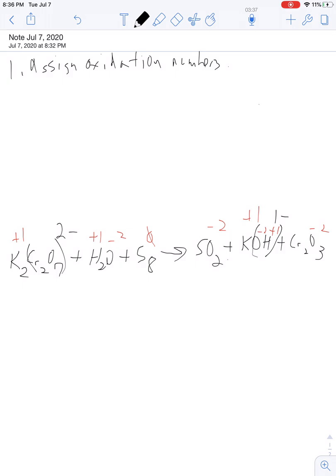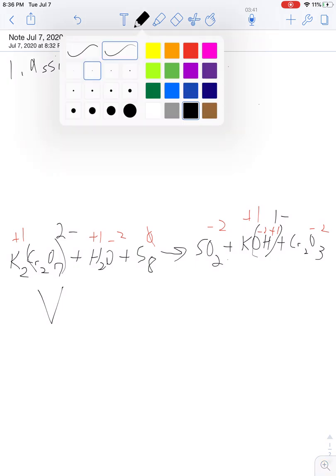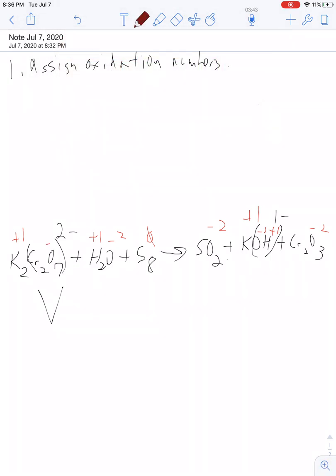Remember that the oxidation numbers inside have to add up to your charge.